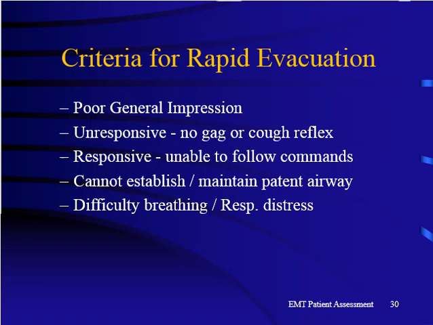Difficulty breathing, which goes back to the airway situation, or respiratory distress. If the patient's having respiratory distress or difficulty breathing, they might need to go somewhere quick. You might need to get them on CPAP. They might need some sort of medication given to them, something that you might not be able to do. They might need to be intubated or something. There may be something this patient needs that you don't have that's going to make them a rapid evacuation.